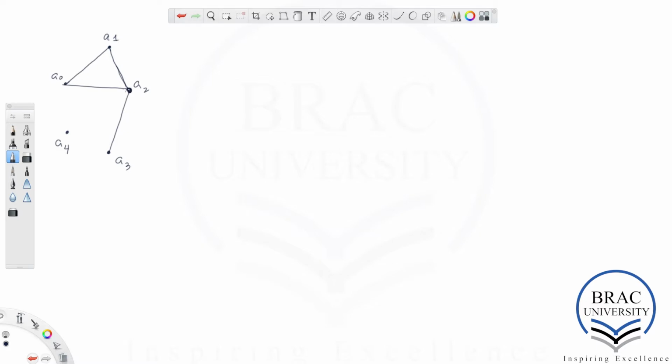Right. So this is the abstract simplicial complex. We have a0, a1, a2.